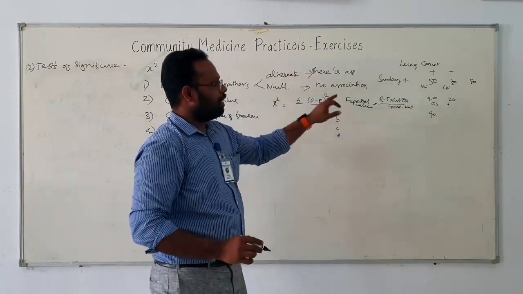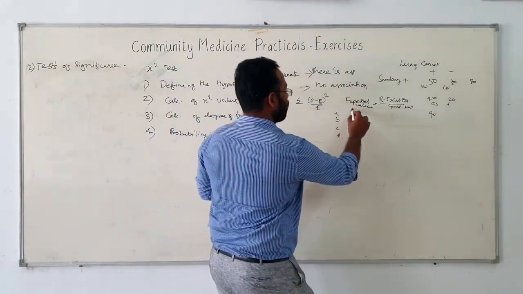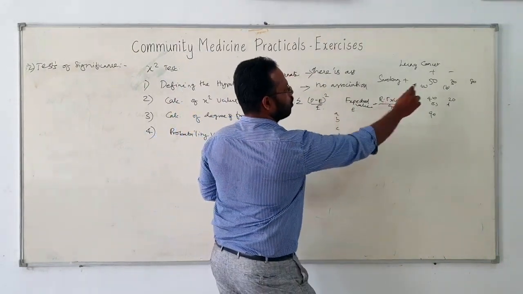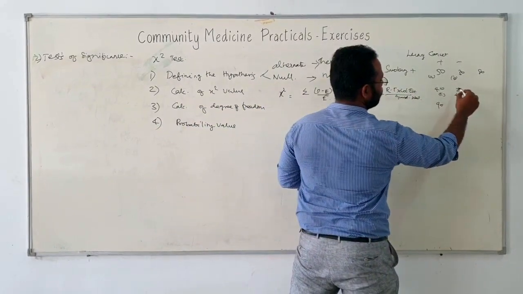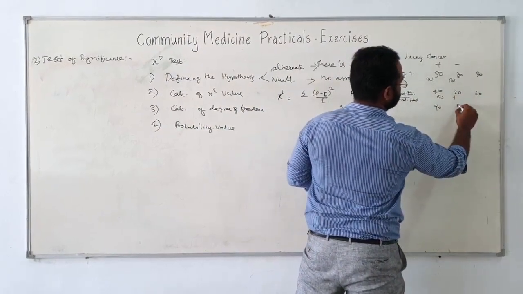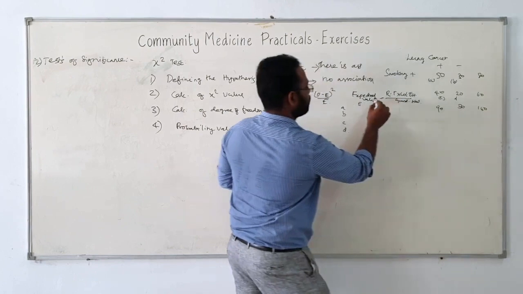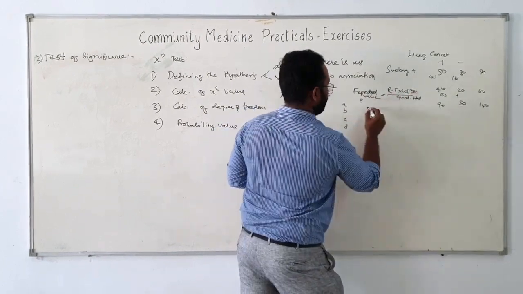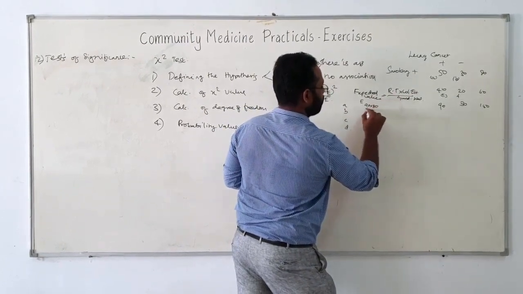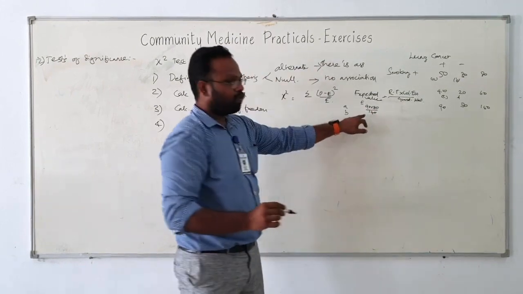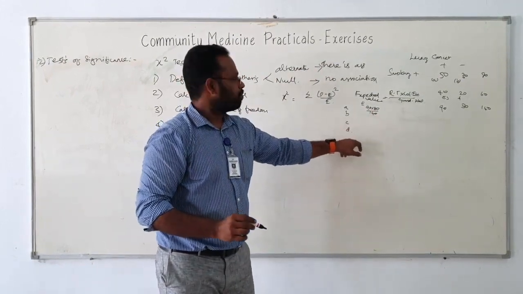So we have to calculate expected values for all these cells. For example, in this case A will be 90 into 80 divided by 140. Like that all the 4 values we have to calculate.